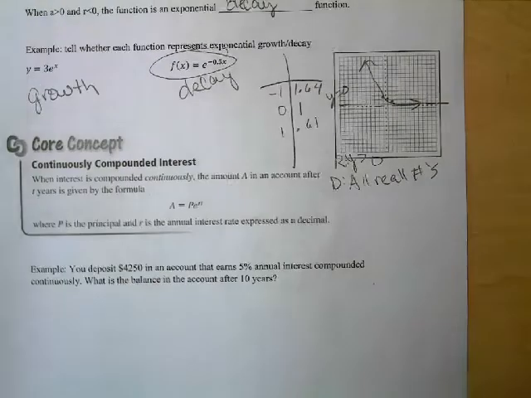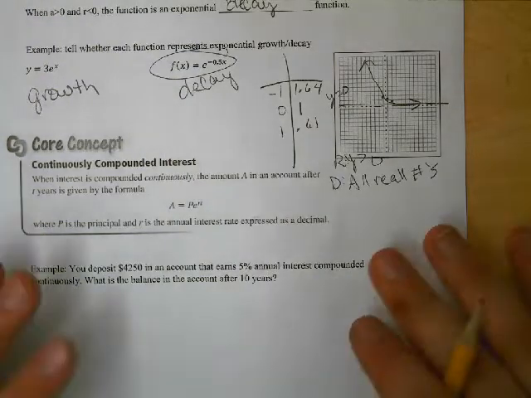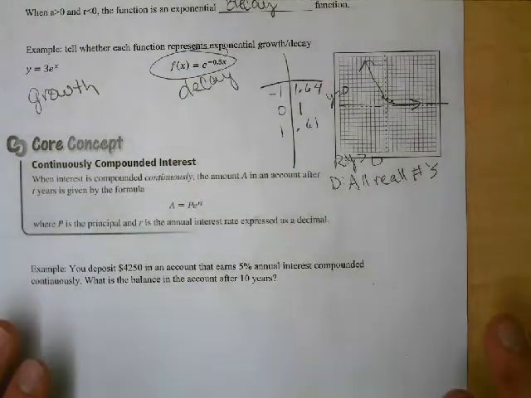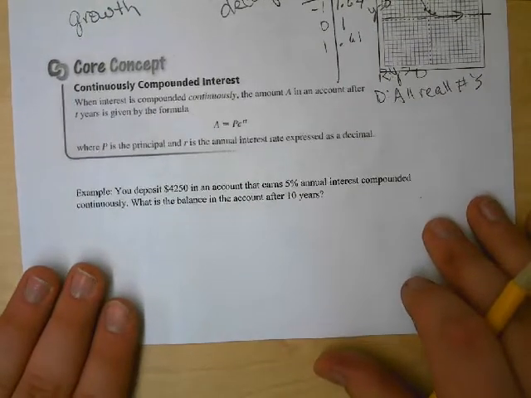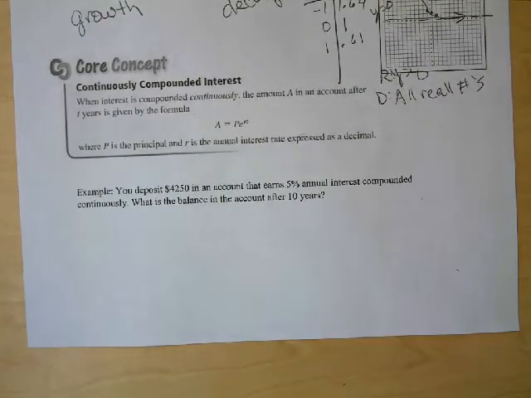Okay. All right. So last thing, and I promise I'll be done talking at you, and then we can work on our homework assignment. Okay? So we have one more formula to talk about, and it's continuously compounded interest. Sometimes you do this with banks, sometimes you don't.